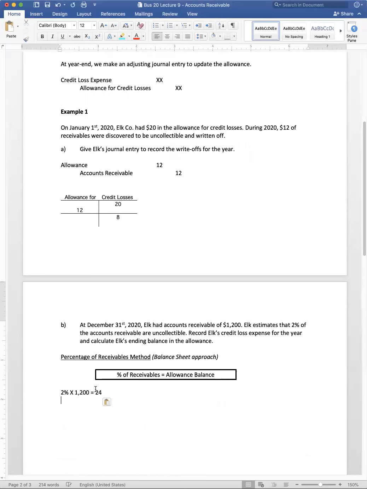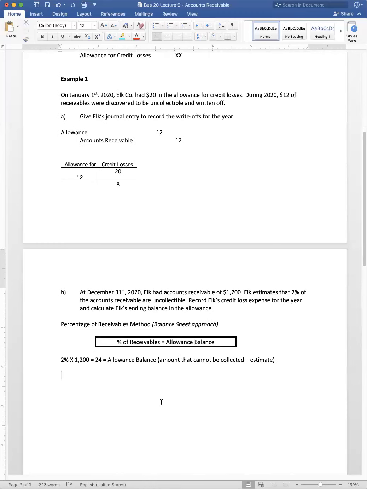We know that 2% of the receivables, and the receivables are $1,200, cannot be collected. So we've determined that 24 is the allowance balance. The allowance balance is our estimate of the amount that cannot be collected.